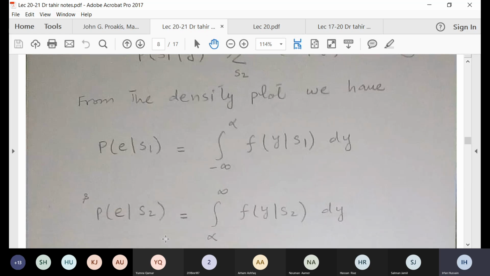So from the density plot, the probability of error given S1 will be the distribution of f of y given S1 from minus infinity to the point where this distribution is less than f of y given S2.